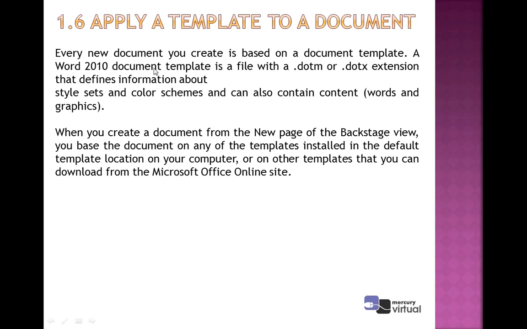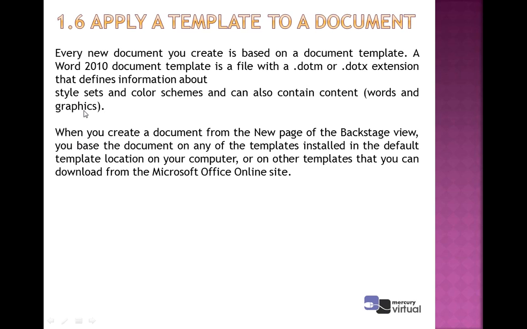A Word 2010 document template is a file with .dotm. As I told you, .dotm means document file with macros enabled. It defines information about style sets and color schemes and can also contain content, that is, words and graphics.